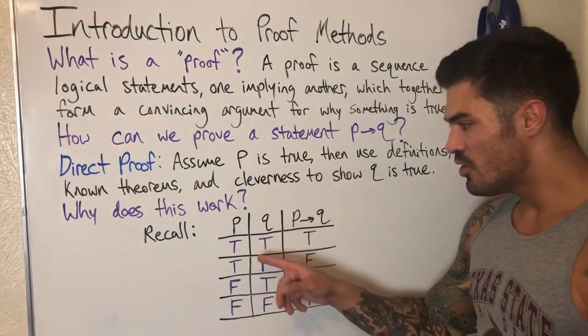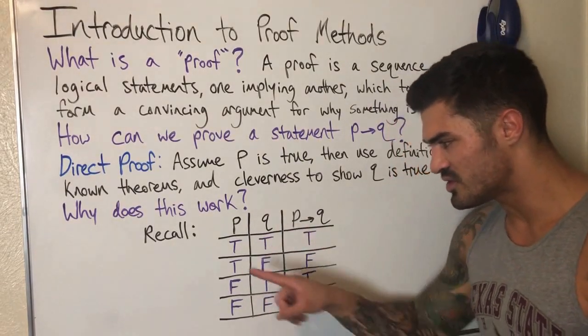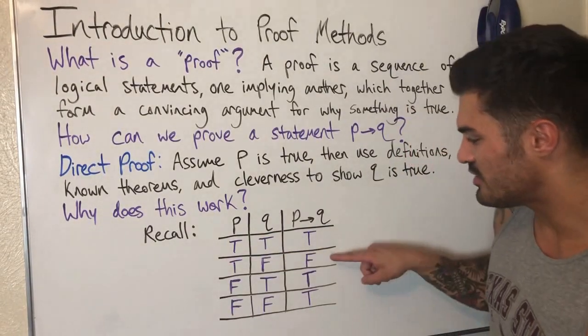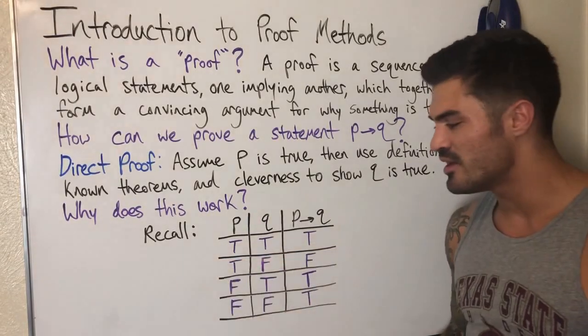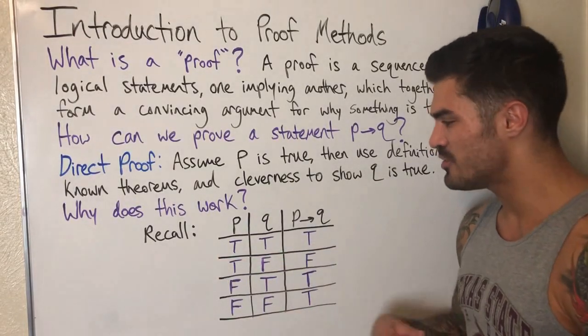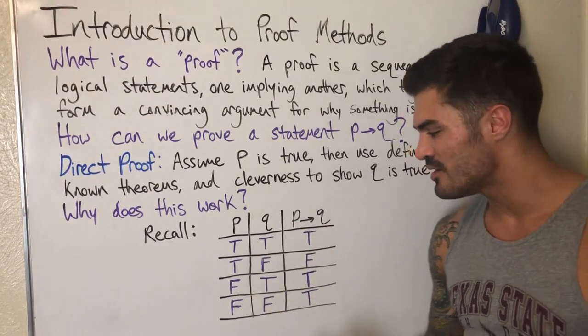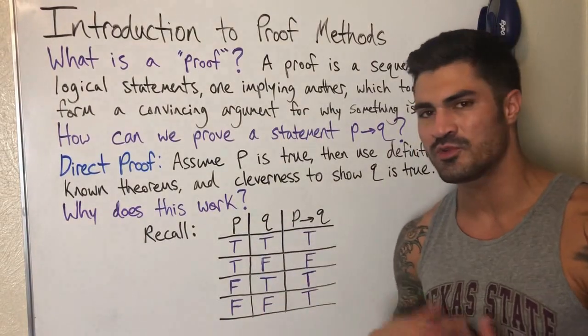If we show that if P is true, it guarantees that Q is true, then this true-false never happens. It can never happen. So we eliminate that row, and guess what that does? That eliminates the only time when this conditional statement is false, right? So a lot of people get kind of tripped up over the what-about-when-P-is-false thing, right? But the thing is, both of these are true, so we don't really care about when P is false. We don't have to worry about it.